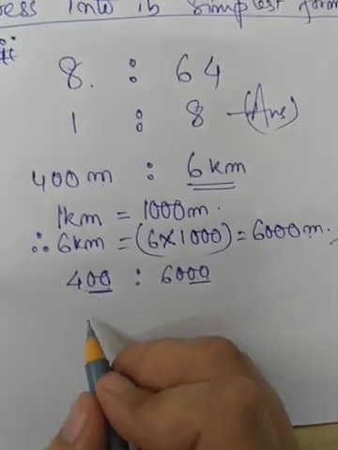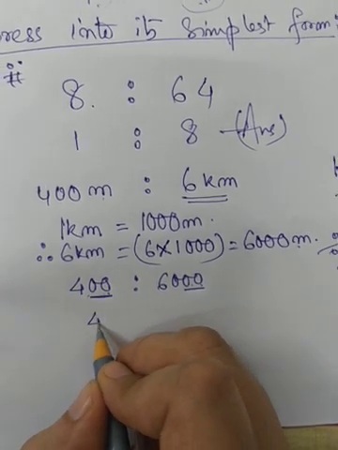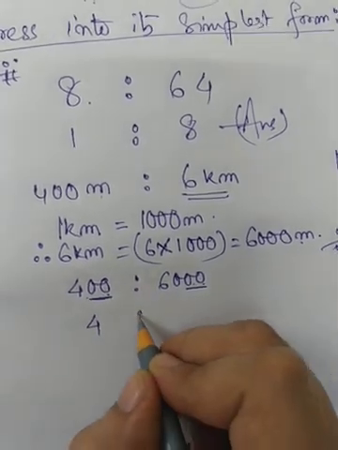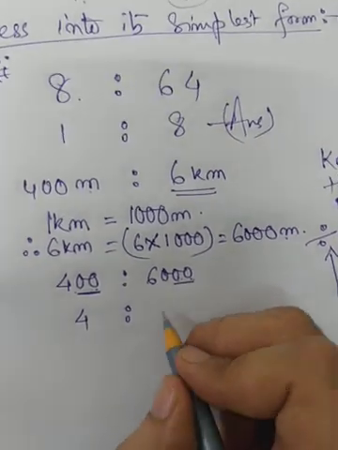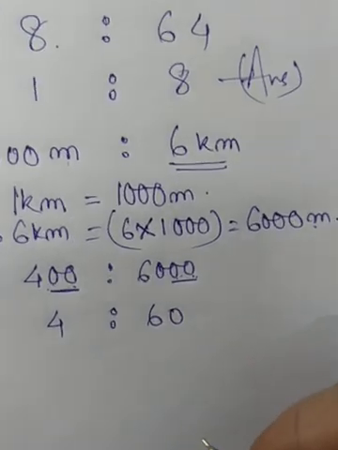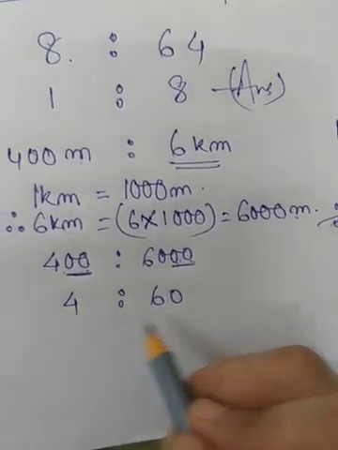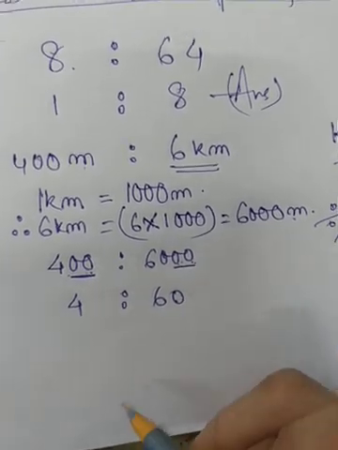If I divide 400 by 100, I'll get 4. And if I divide 6000 by 100, I will get 60.